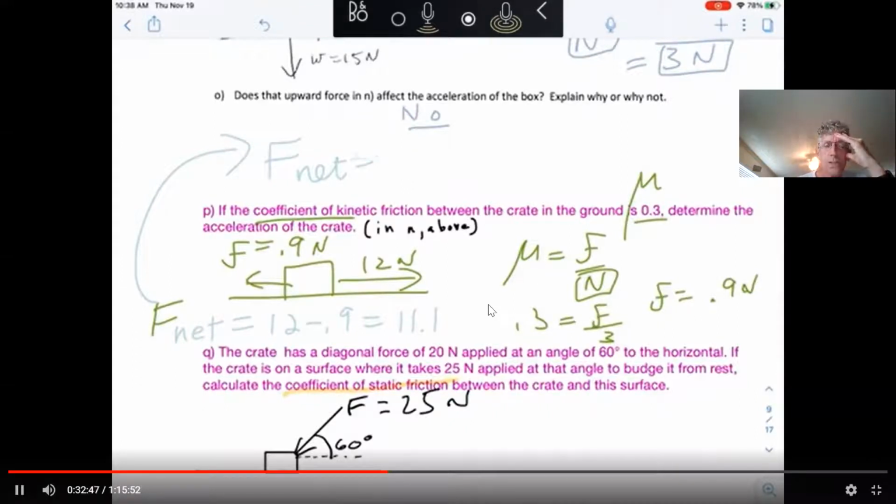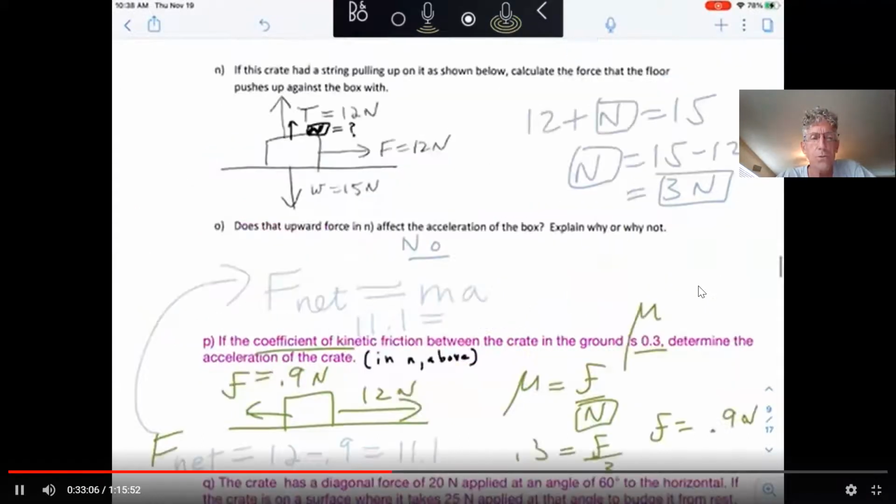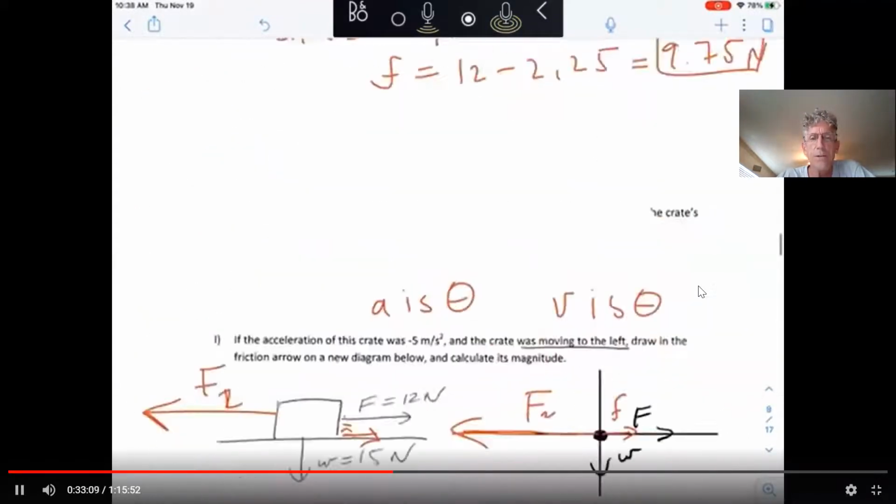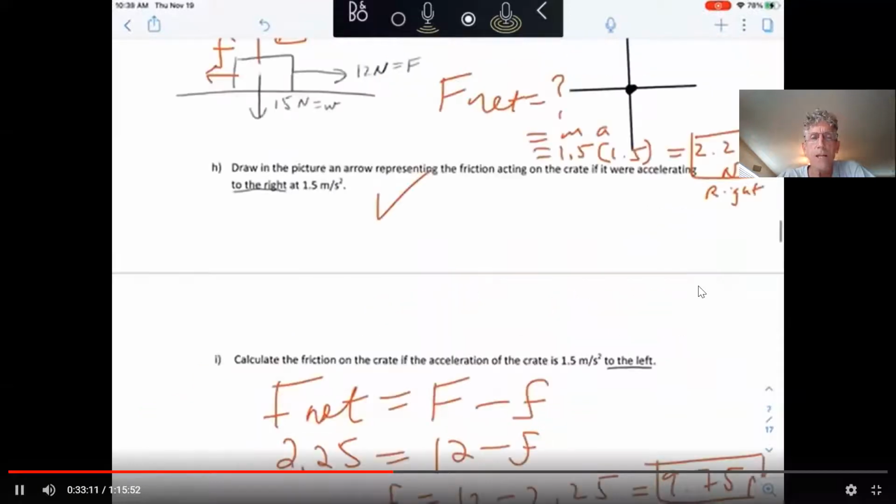The next question has a diagonal force acting on the box. To finish this one, F net equals MA. We got the F net because we subtracted the two horizontal forces. I'm looking for the mass.